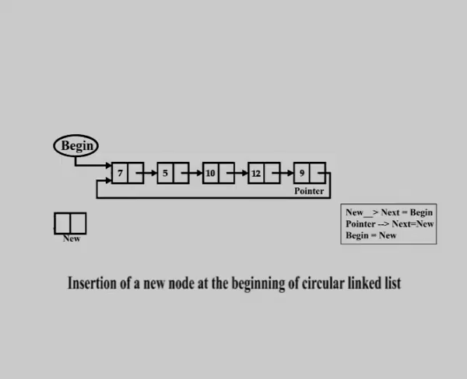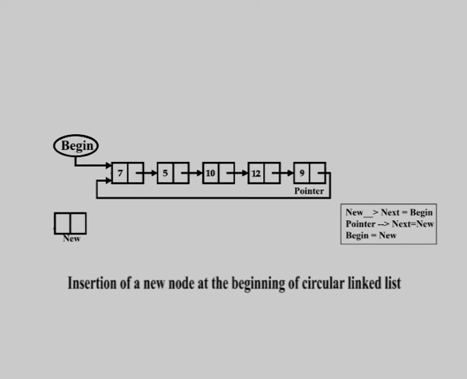Here is an example to explain the insertion of a node at the beginning of circular linked list. Consider the following figure. Here in this figure, the node new is to be inserted at the beginning of linked list.